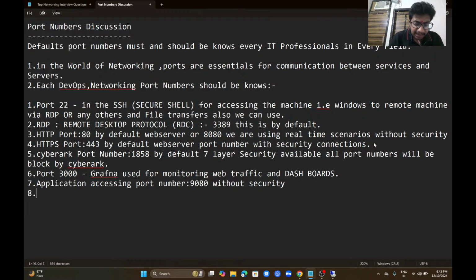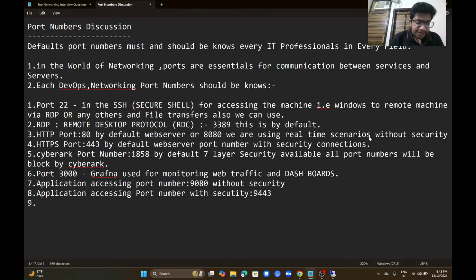Application accessing port number with security: 9443 is the port number.